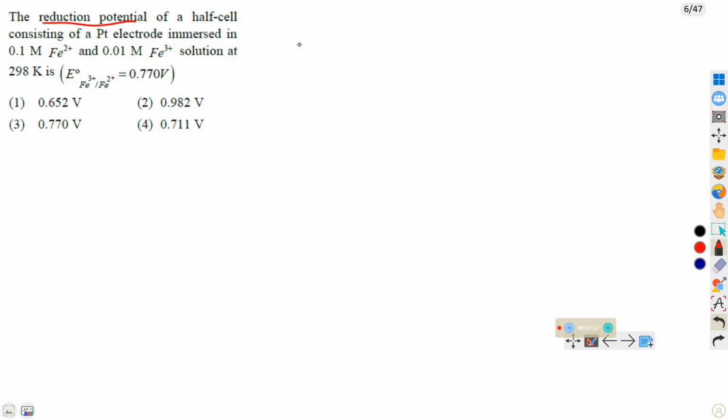The reduction potential of a half cell consisting of a platinum electrode immersed in 0.1 molar Fe2+ and 0.01 molar Fe3+ solution at 298 kelvin. E0 value is given for Fe3+ to Fe2+. Fe3+ gains one electron, then it is converted to Fe2+.